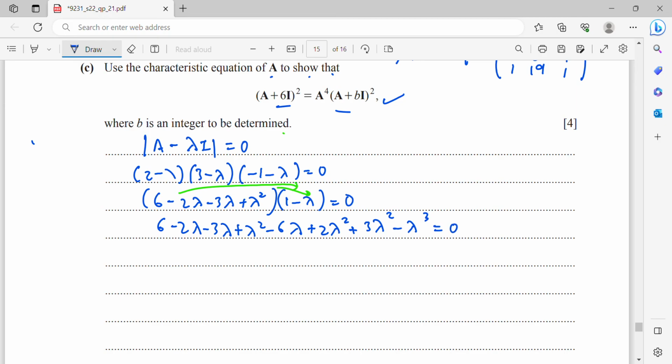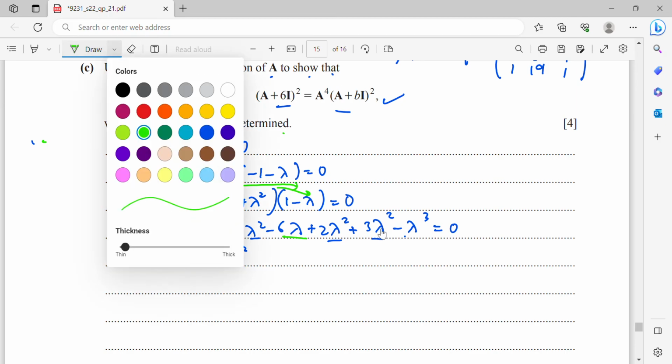Okay, now you simplify. So I will get negative lambda cube. Then 2 lambda squared plus 3 lambda squared plus 1 lambda squared means that plus 6 lambda squared. Okay, then for the lambda, negative 2, negative 3, negative 6, then you will get negative 11 lambda.